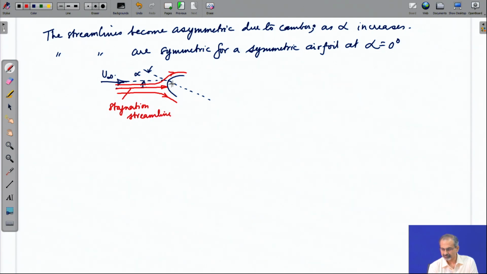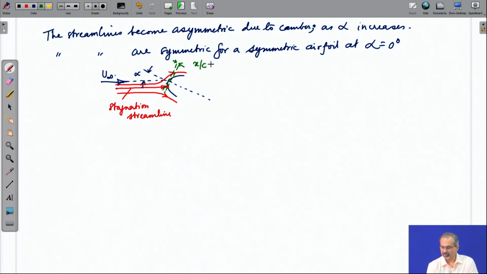Consequently, the stagnation point moves to this region, and as you can see, in terms of x by c, now there is an offset between the leading edge and where the stagnation point is.